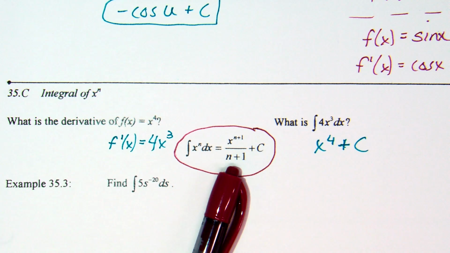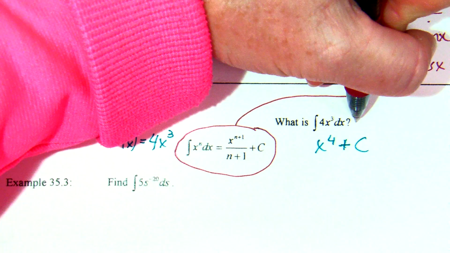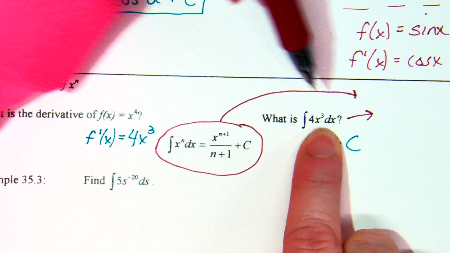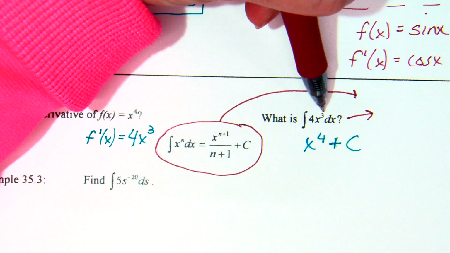So, let me practice real quick with this example right here. 4x to the third. If we use the idea of x to the n, what is my n? My n is the power. What's the current power? N equals 3. So now my antiderivative, or my integral, is x to that power plus 1.